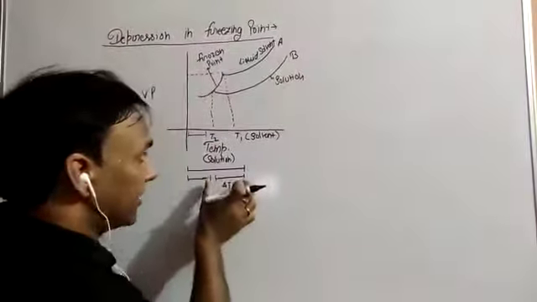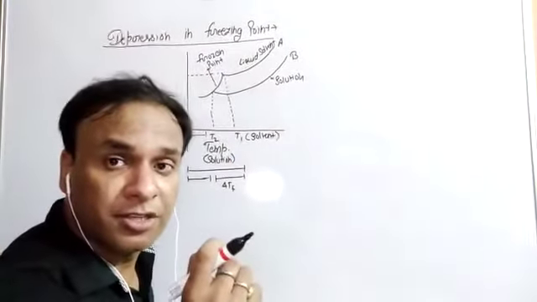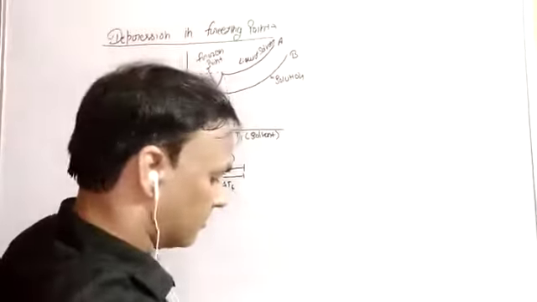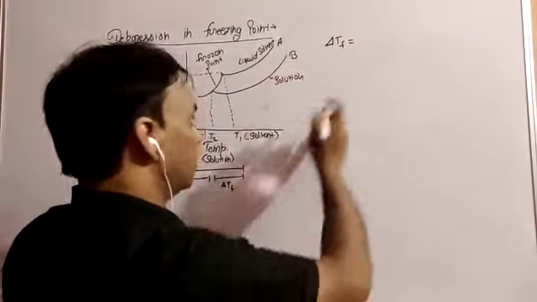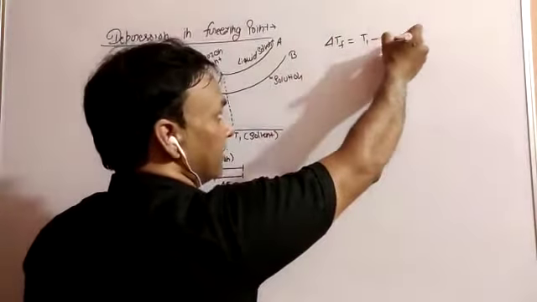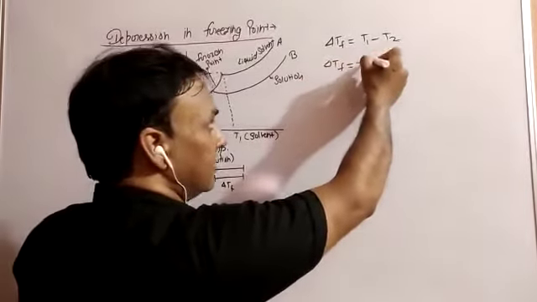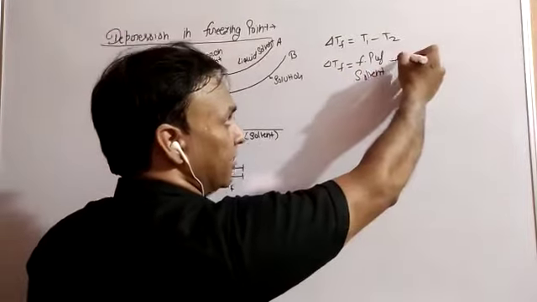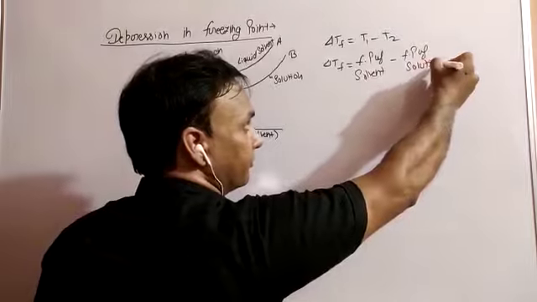The difference between the temperature of solvent and solution is called depression of freezing point. Means delta TF is equal to T1 minus T2. Means delta TF is equal to the freezing point of solvent minus the freezing point of solution.